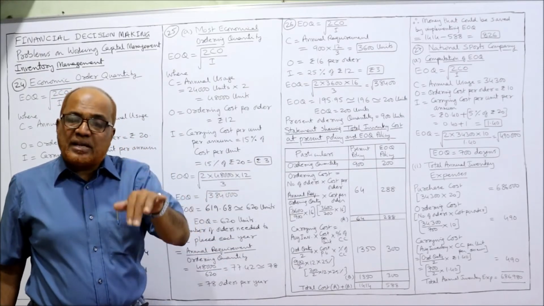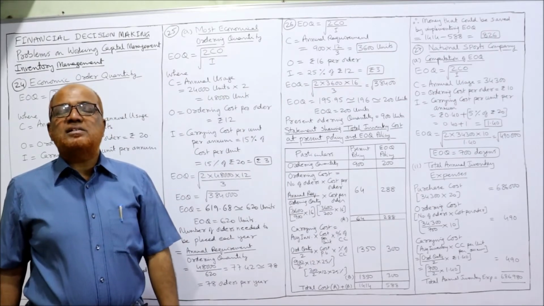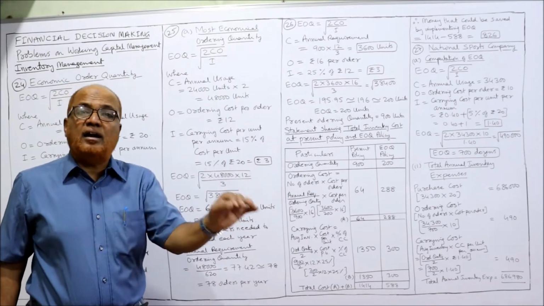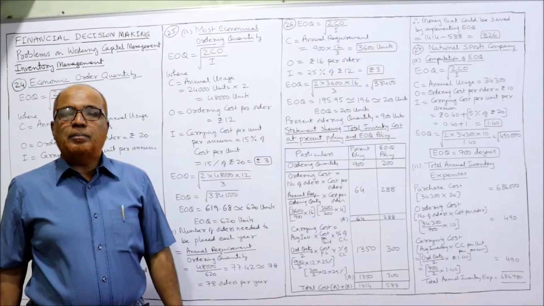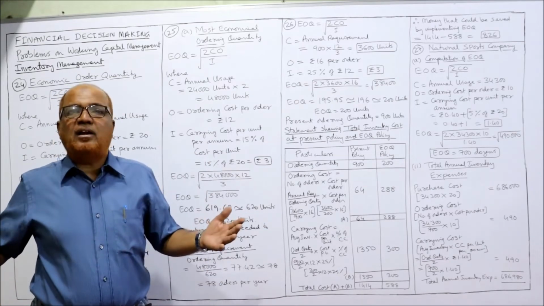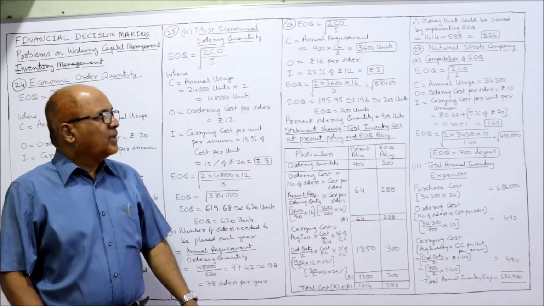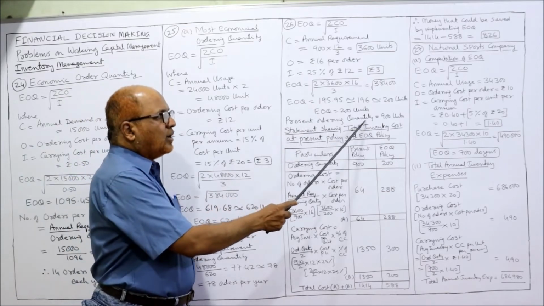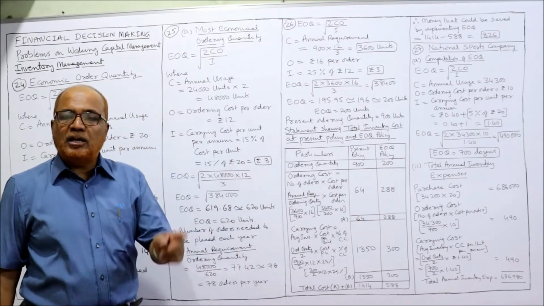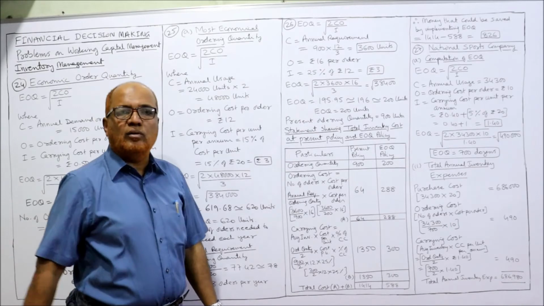But according to the present policy, they are placing an order for 900 units. That means the present policy is entirely different from the EOQ. Right? Now the present ordering quantity is 900 units, but EOQ says 200 units.